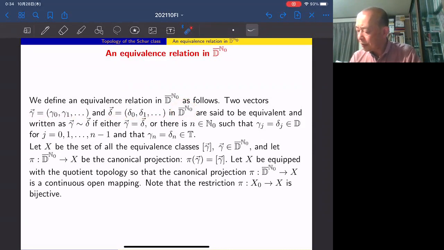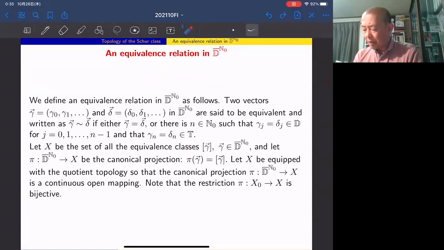They are said to be equivalent, and written by this symbol, if either these two are exactly the same, or there is some n such that these vectors are the same up to n minus 1, and they are in the unit disk D, and for n, they are the same and also lie on the unit circle. So we don't care about the later values, for instance, gamma n plus 1 and so on. So this is obviously an equivalence relation on this set, okay?